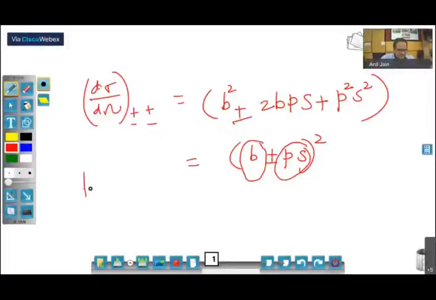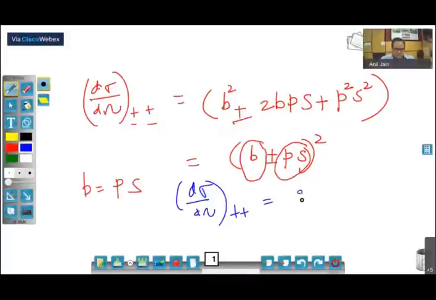If I have a crystal for which b equals ps, then you can easily see that dσ/dΩ has a finite value for the process plus plus: b plus ps becomes 2ps or 2b, and for the process minus minus, dσ/dΩ is 0.